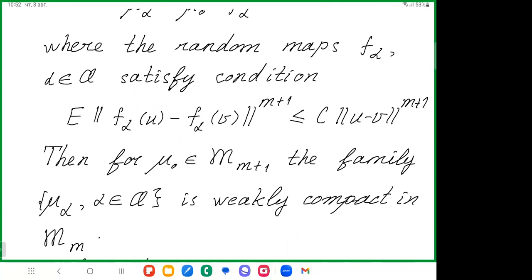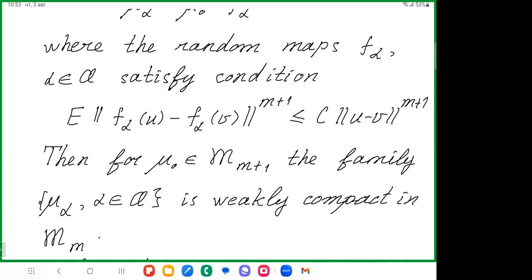Here is only one remark related to this plus 1 in the indices of the space for mu_0 and in the powers in the condition for function f. Why do we have to add something to m to have weak compactness in the Wasserstein space with index m?